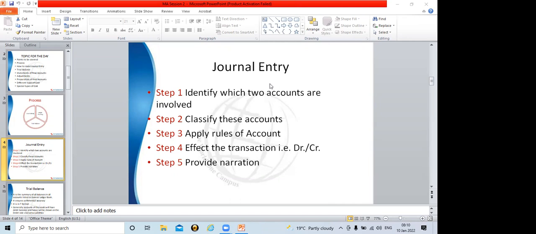And let me tell you, from an examination point of view or even a career point of view, you will not be asked to make journal entries. But whenever you head your department as a manager, your subordinates will be working on journal entries and other things.